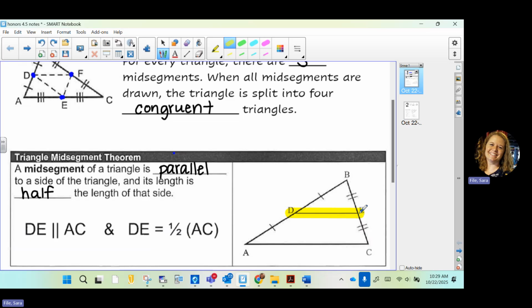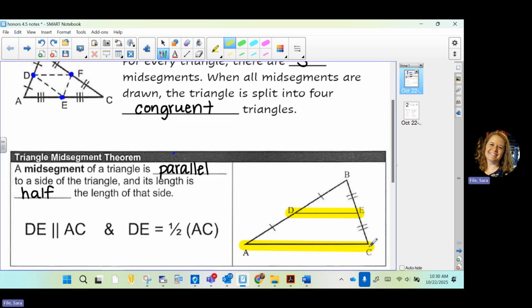So DE is going to be parallel to a side of the triangle. Now, I think it's pretty obvious it can't be parallel to one of the sides that it intersects, can it? Parallel means it's never going to intersect. So it's parallel to the third side, the side that it doesn't intersect. So AC is parallel to DE.